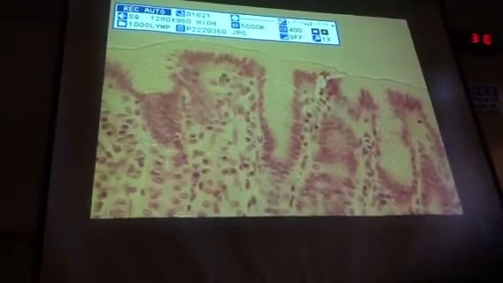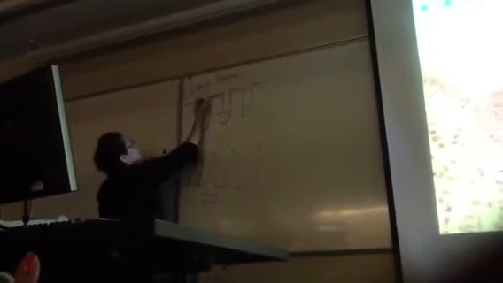And my drawing is a little bit cleaner, so the way these cells are, they're just kind of extended more like this. So the pit itself doesn't look very pronounced on the slide.